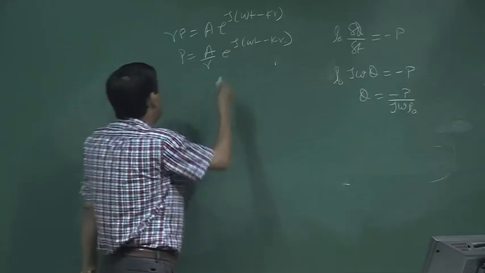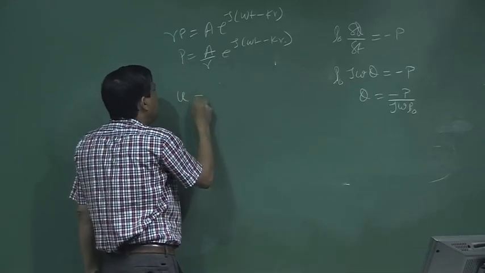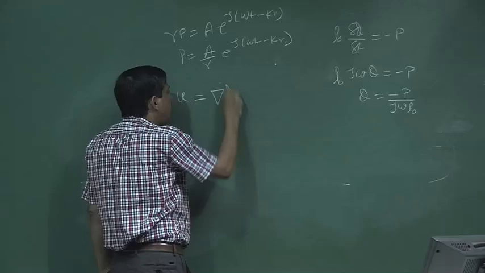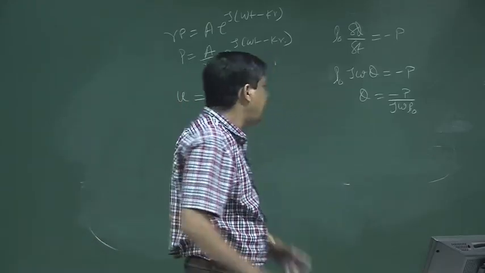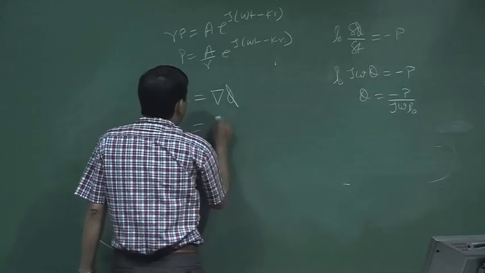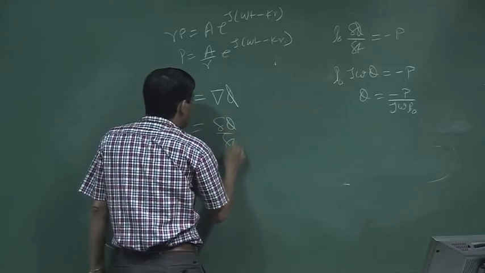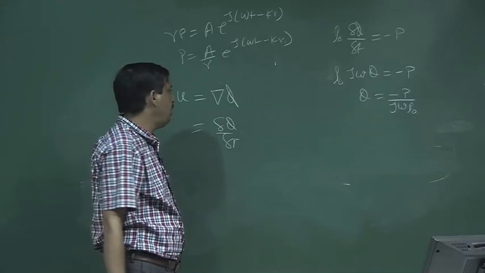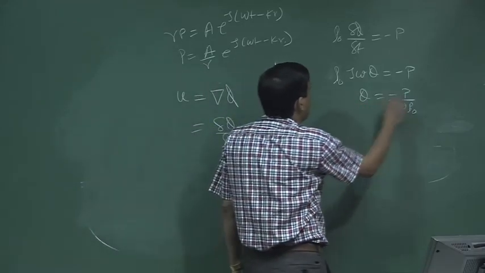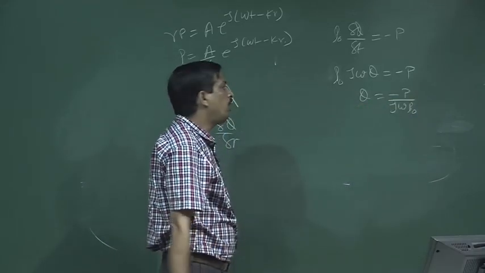Now what is the particle velocity? u is nothing but the gradient of phi. In the case of spherical coordinates, the gradient means d phi by dr only. So if I put the d phi by dr in the case of P, what will I get?